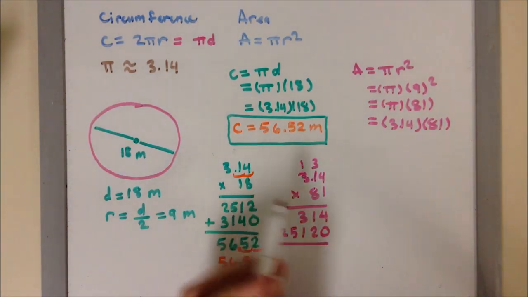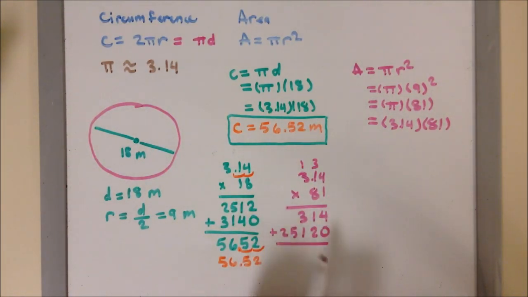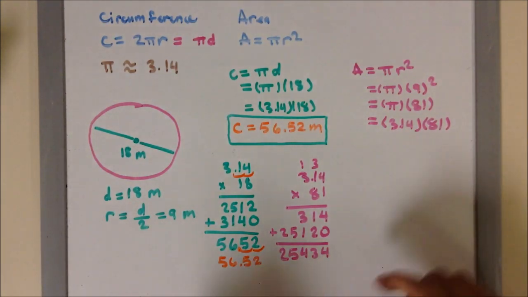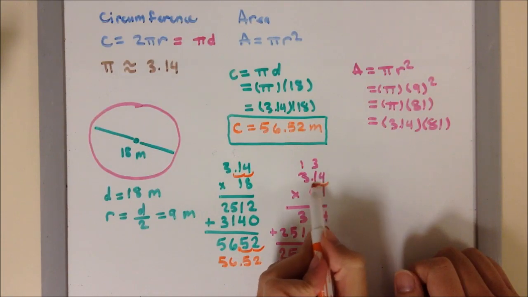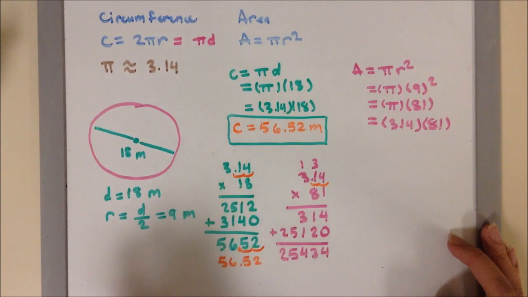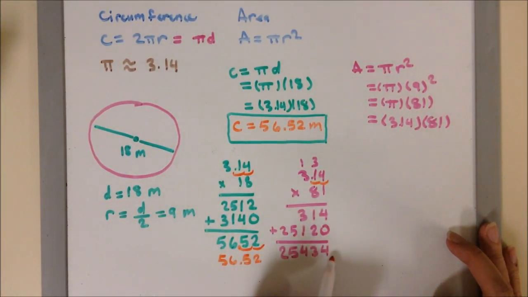Now I'm going to add up my numbers. 4 and 0, that's simply 4. 1 and 2, 3. 3 and 1, that's 4. Nothing here, so it's just going to be 5. Nothing here, that will be 2. Now remember, I worked with decimals, so make sure to have the right amount of decimal places. So here in the first one, 1, 2, so 2 decimal places. My 81, there's 0 decimal places, so my total is 2. Starting from my right, 1, 2.